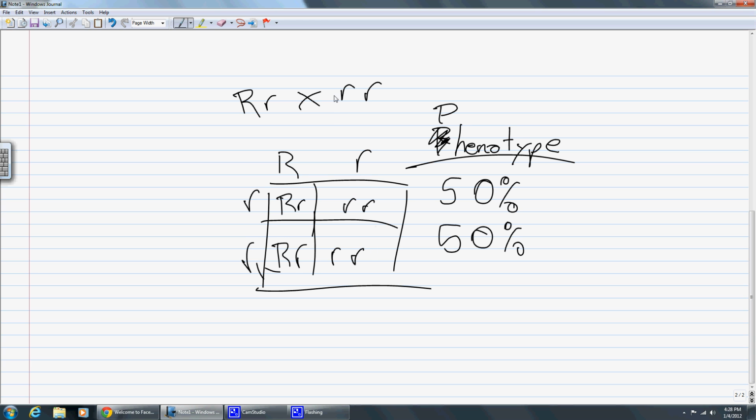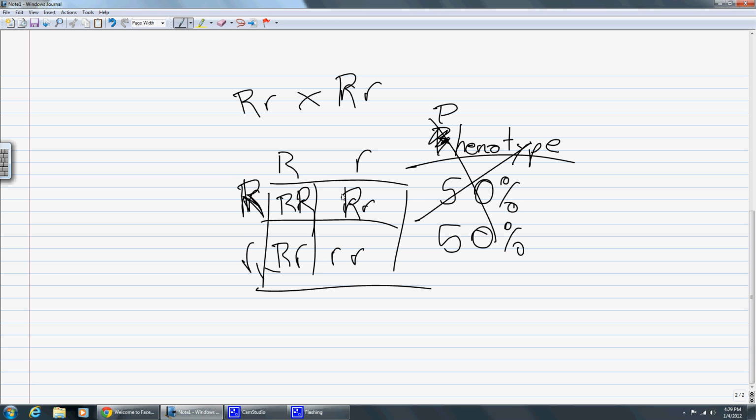Now, if we were to mix it differently and we were to have a big R, little r like this, it would change a little bit. You can see how the alleles would change. Then over here, you have a big R, little r, and you just have 2 little r's. So that's if this changed to a big R instead of a little r. Then all of a sudden your phenotypes would change a little bit.